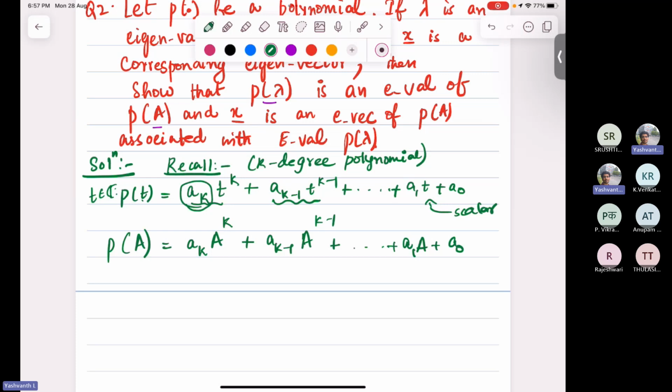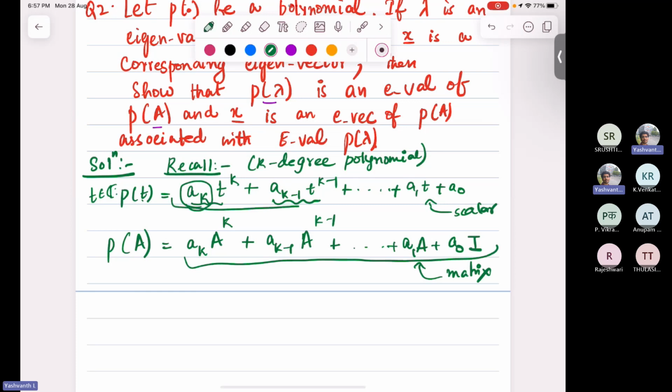I cannot just write a_0 because these things are matrices, and I cannot add a scalar to a matrix. So what should I write? a_0 I. Exactly, just I. So P of A is a matrix. This complete summation is a matrix, but there the complete summation was a scalar.